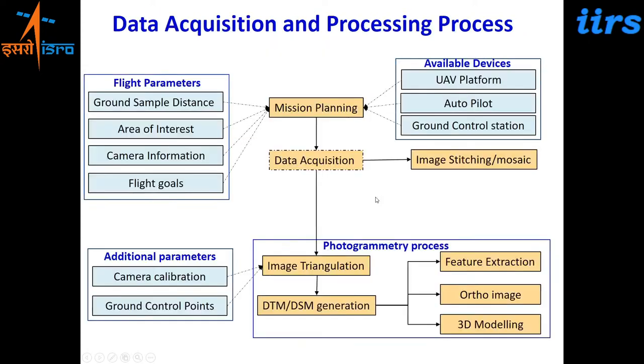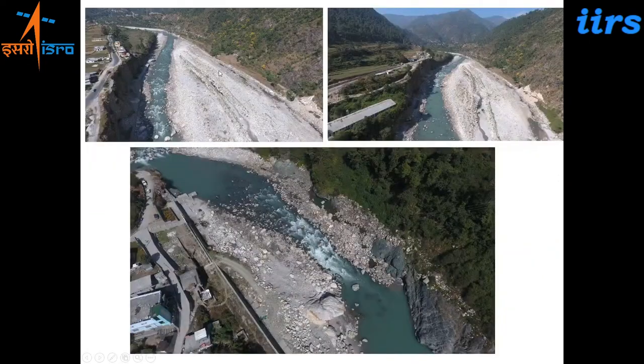Now, these are a few high resolution images which have been acquired using drones. See the quality. You can have any oblique angles also, and you can fly as close as you want.